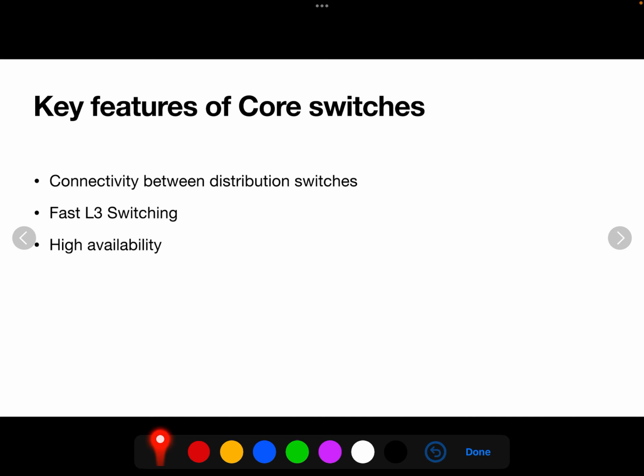Moving on to the core switches. Core switches provide connectivity between distribution switches. One of the main jobs is fast layer 3 switching and providing high availability. When we have core switches, there's less need to have so many links.